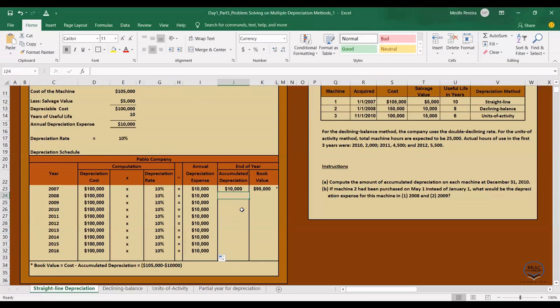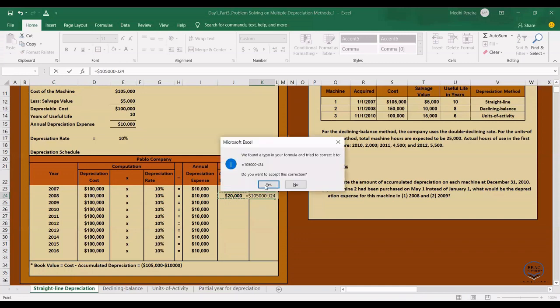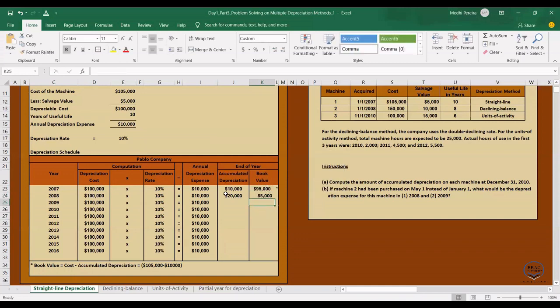So when we now calculate the accumulated depreciation, we know it is the summation of the previous year's accumulated depreciation plus this year's annual depreciation expense. So it comes to $20,000. Now if we calculate the book value, we have the initial cost minus the accumulated depreciation, so it comes to this figure.